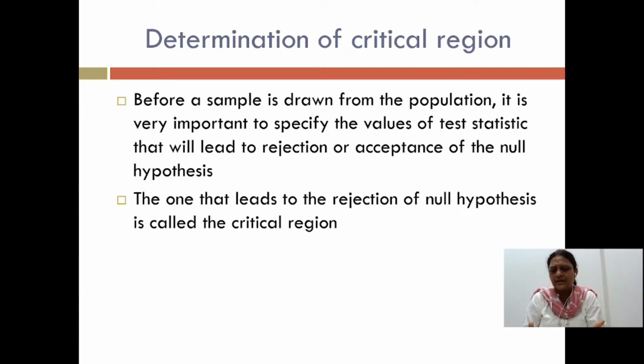So we have to define a specific area, in which if our calculation falls then it is accepted, and in which area if our calculation falls then it is rejected. That particular area is known as the critical region. The one that leads to the rejection of the null hypothesis is called the critical region.